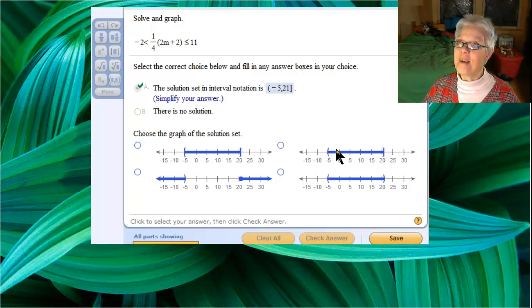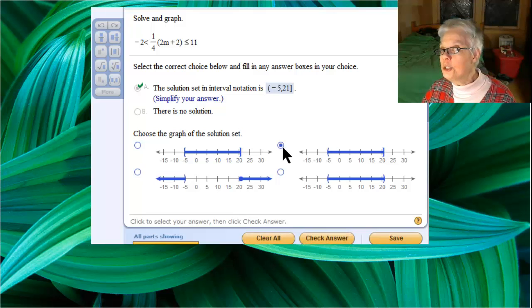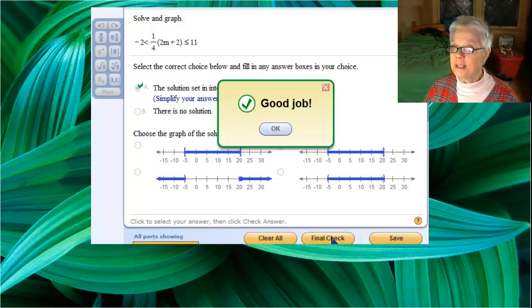And we choose a graph. There it is. Parenthesis on the left, bracket on the right. Notice that 21 is understood to be there a little to the right of 20. Check answer. Very good job. I like being told that.